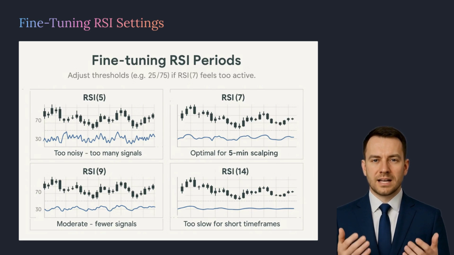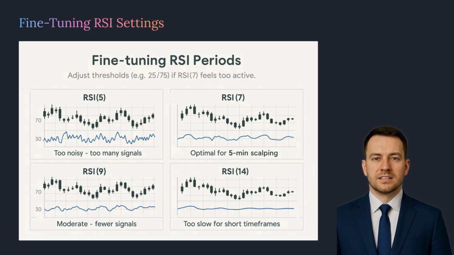Every trader can fine-tune these settings depending on the pair traded and personal preference. But the guidance from experienced scalpers is clear. Shorter period RSI for short timeframes yields better trading signals for scalping.